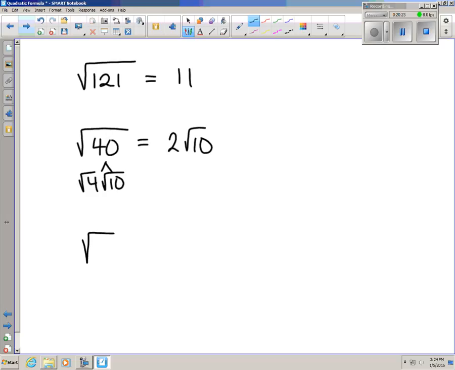However, when you get a negative under the radical, and potentially that could happen, so anytime there's a negative under the radical, this would be called an imaginary non-real number. It's got the imaginary unit in it.